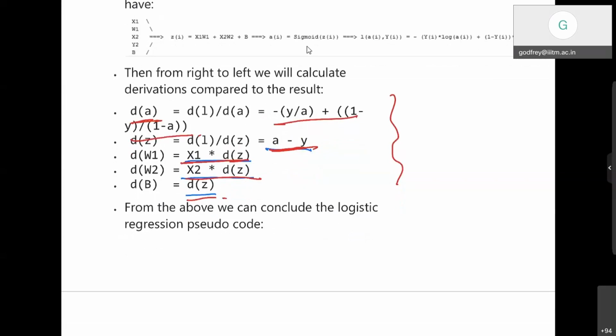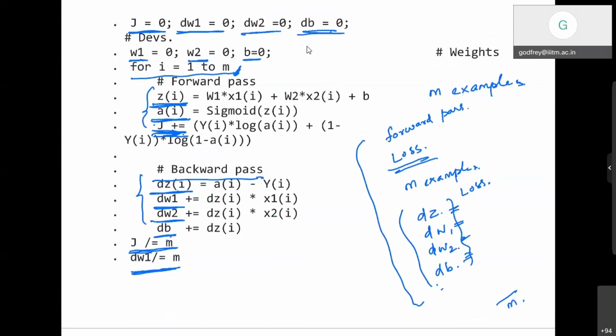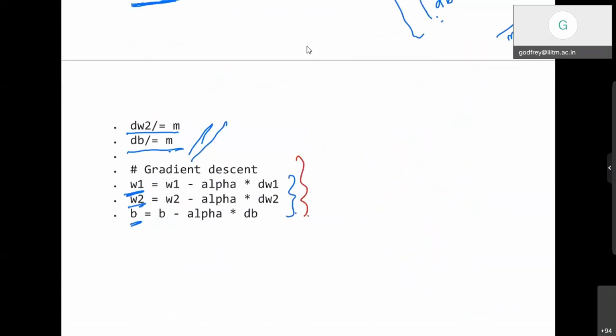Now, why do we compute this? We compute to basically find out the gradient, right? Why do we compute all this? I want to make modifications in W1, W2, and b. If I want to make modifications in W1, W2, and b, then I need to find out dW1, dW2, and db.